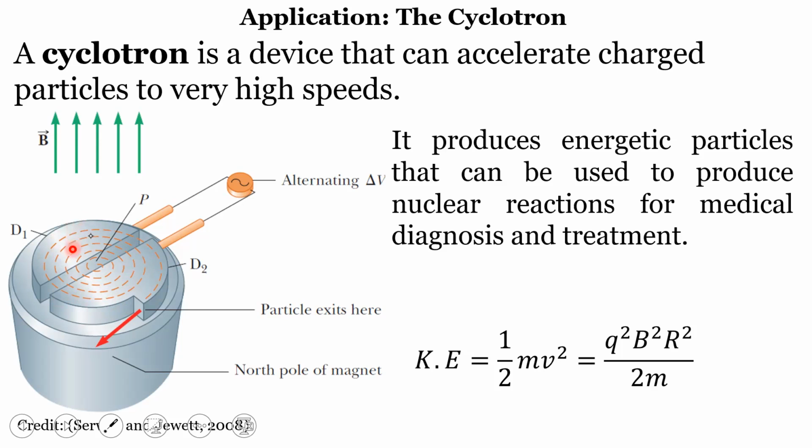Okay, this is D1, this is D2. Before it leaves D1, D1 would have turned negative and D2 positive, so it will accelerate again into D2. Before it leaves D2, the polarity of the disks will change again so that it will accelerate. So it will keep accelerating as it goes from D1 to D2 and D2 to D1, on and on until it eventually leaves with a high velocity.